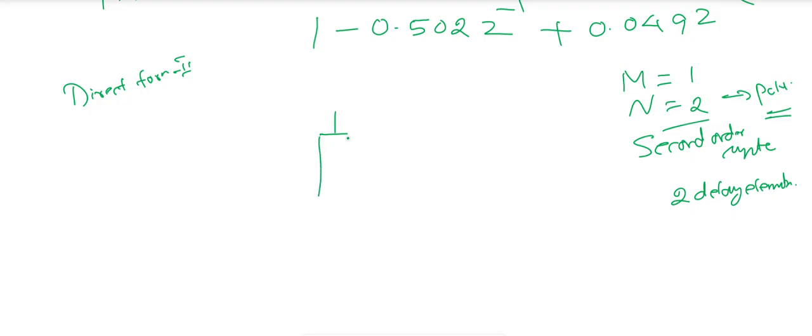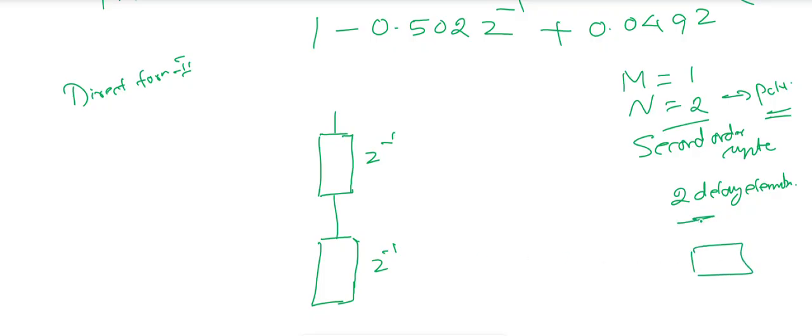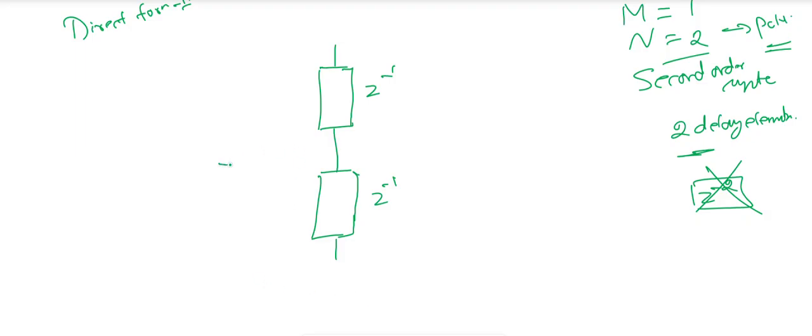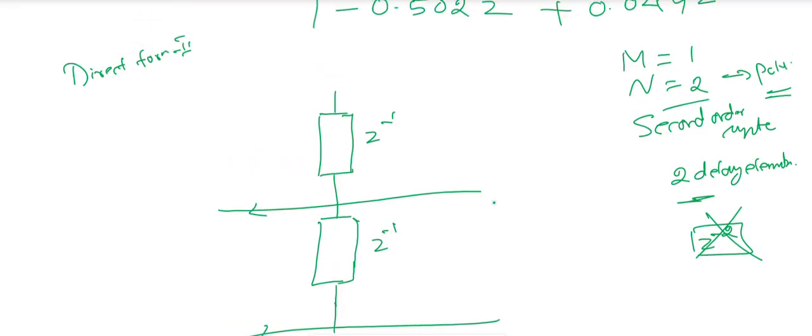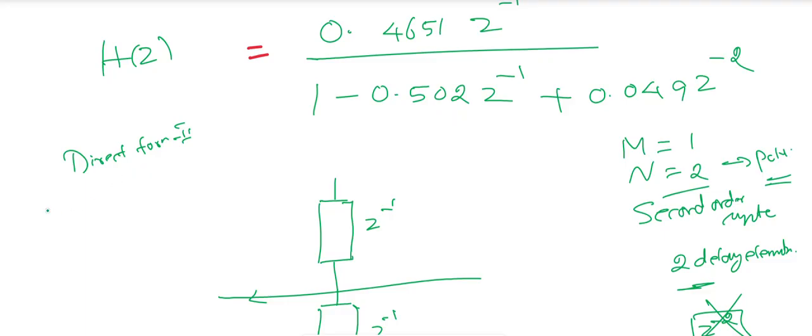How do you denote the delay elements? With z inverse, the unit delay element. You should not put z minus 2; that is wrong. So it is z minus 1 and z minus 1. On the left hand side, the coefficients are the poles, A1 and A2.